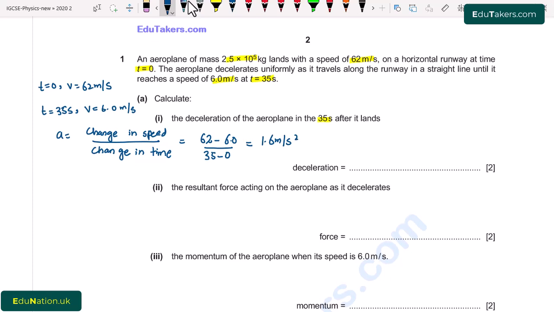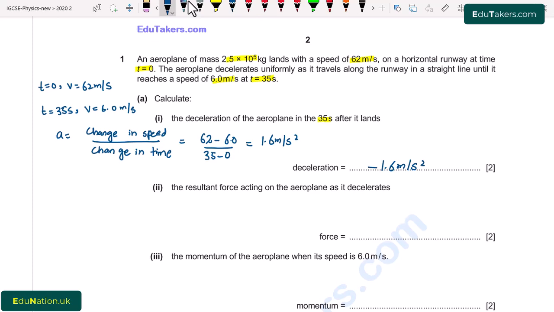So acceleration comes to be 1.6 meters per second squared. Here in the question we are asked to find the deceleration. It means that we have to place the negative sign with the acceleration. So I write here negative, where the negative sign shows that the speed of the aeroplane is decreasing with time.